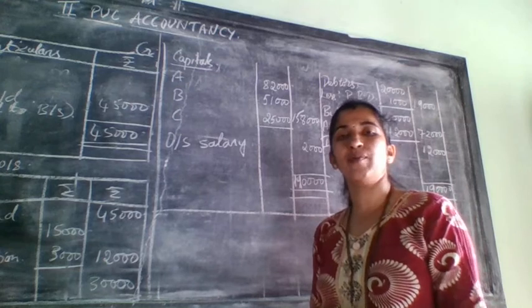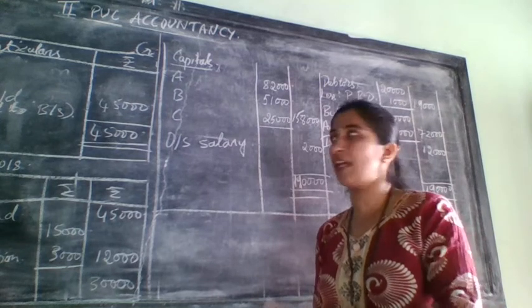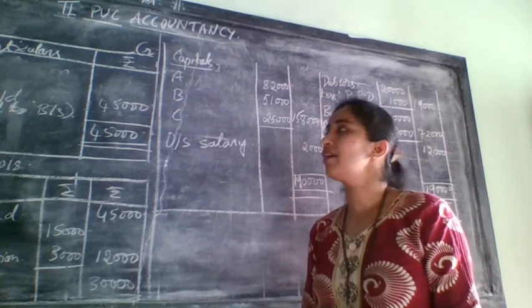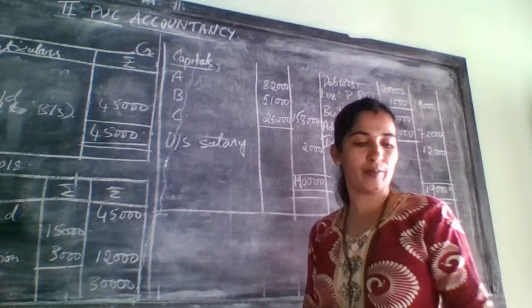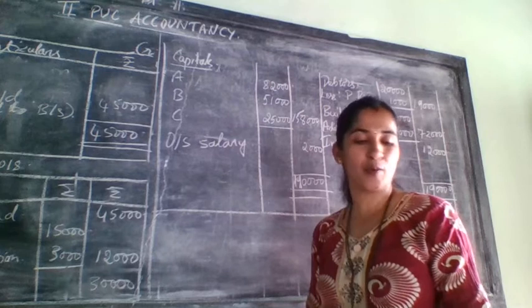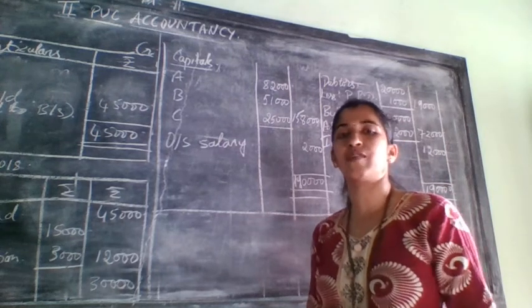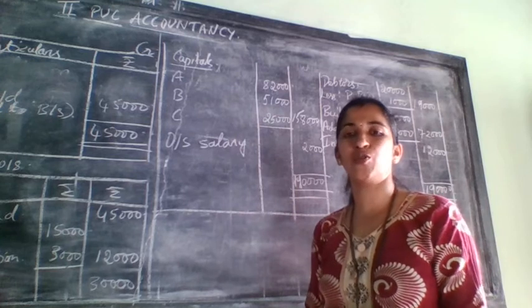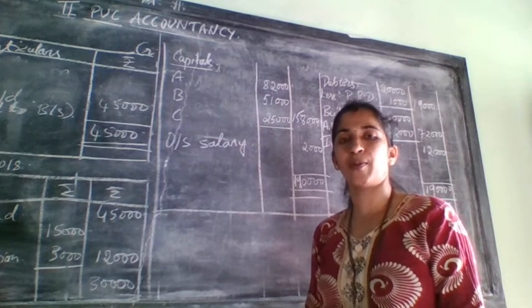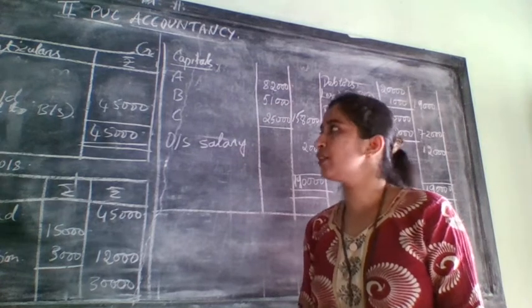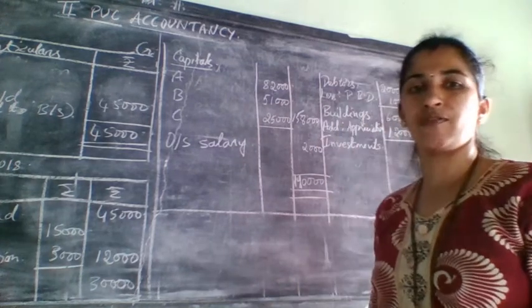Read that problem and just tell me what all is related to case 1, and then try to solve the problem. The rest of the problems are for you only. I'll explain where that main adjustment will come, and then you only need to solve all the problems. After that I'll give you an extra problem also. Okay. So this is regarding admission of a partner.